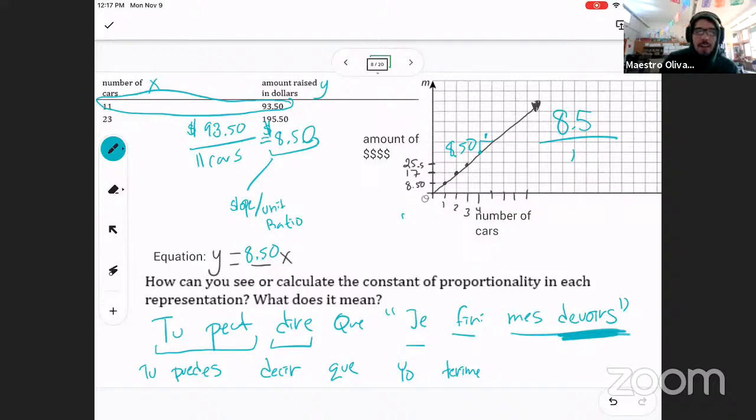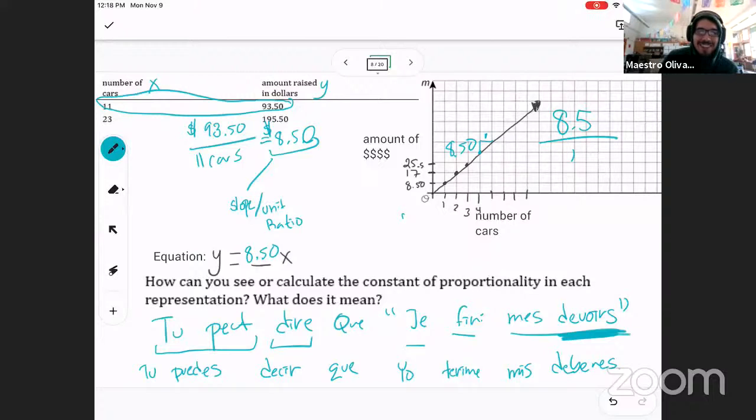Divorce. Devoir. Yo terminé mis deberes. In French, yeah, homework. In French, devoir means homework. Son deberes. Thank you, Chris.